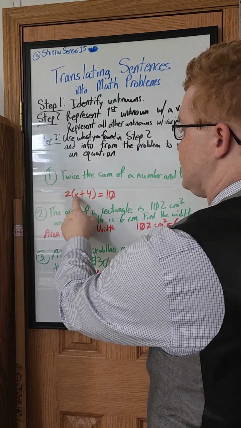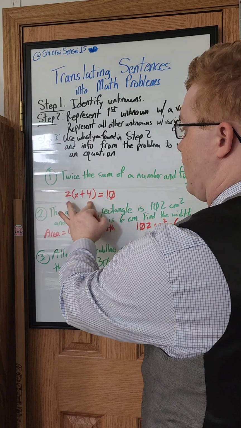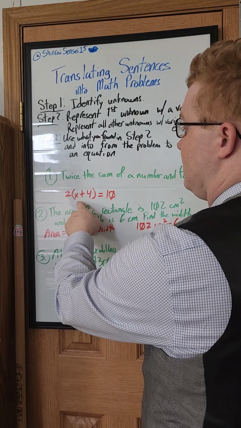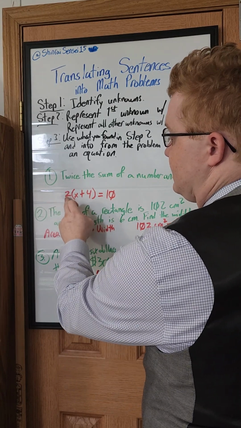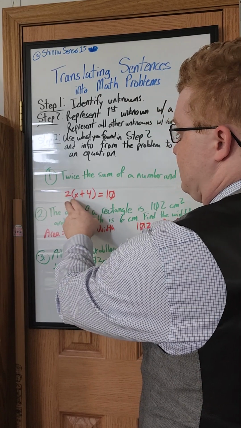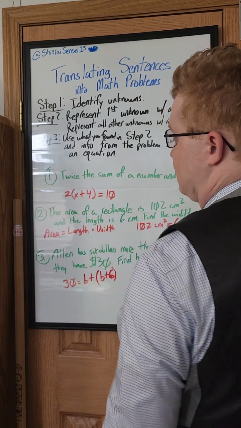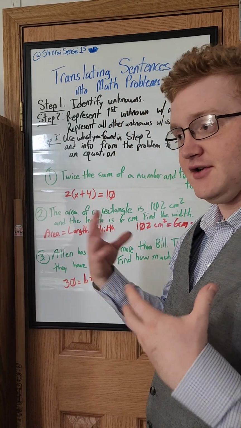being multiplied by two. So the addition has to happen before the multiplication. So you have to put the parentheses around this. Otherwise, it just turns into 2 times x plus 4, which means that the addition happens after the multiplication, right? Basic order of operations, but it's always good to refresh on that.